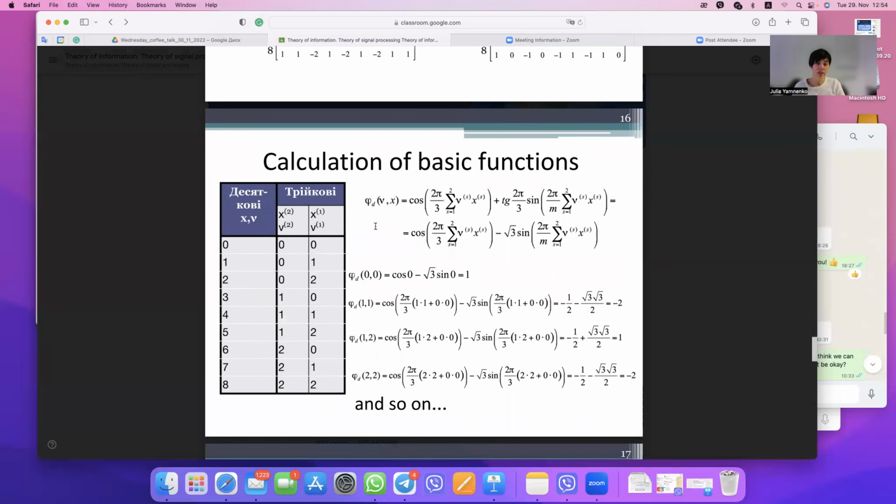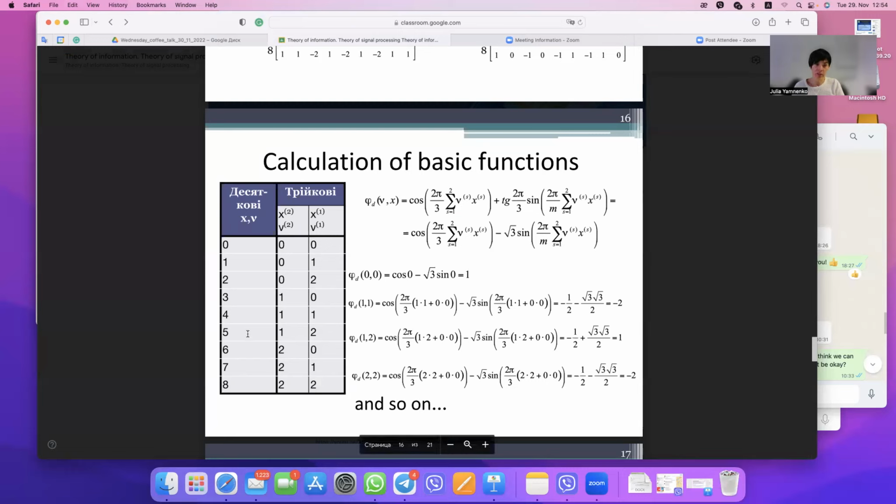And here you can see the process of calculation of the basic functions. We have the formula for phi d, the basic function for the direct transform. Inside the formula you have nu and x, which, don't forget, should be represented in the counting system with the base 3.